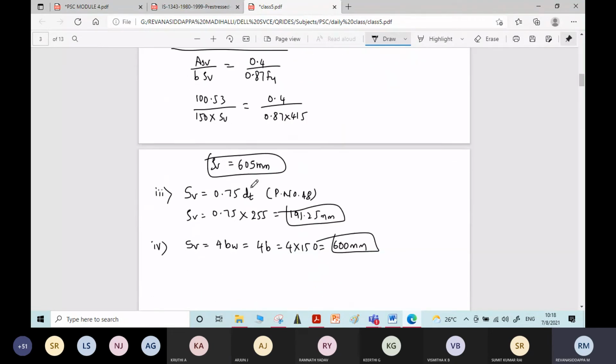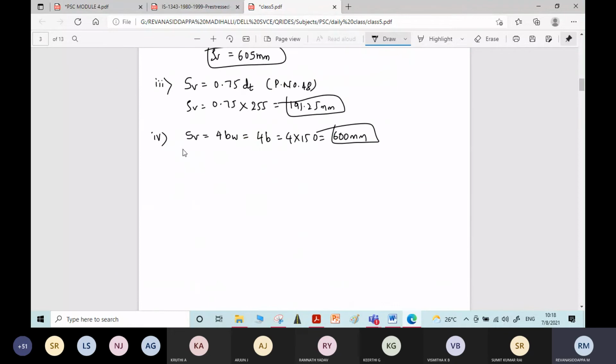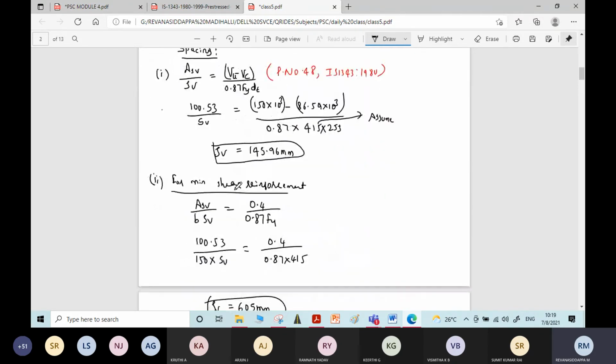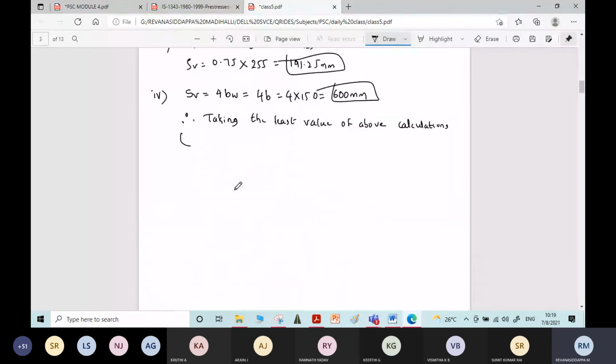Okay. Therefore, at the last you write, therefore, taking the least value of above calculations, that is 145.96 mm.